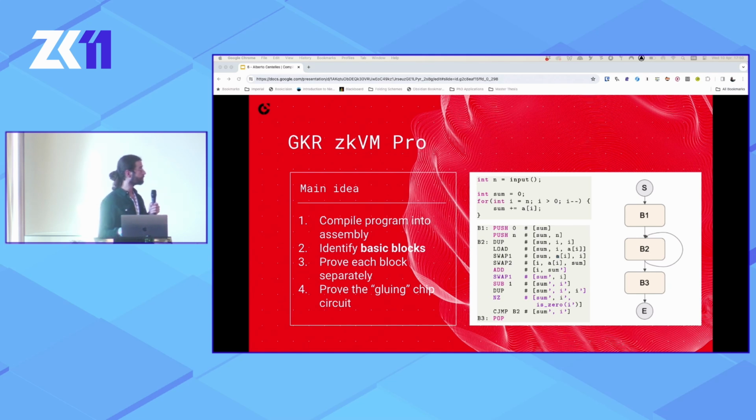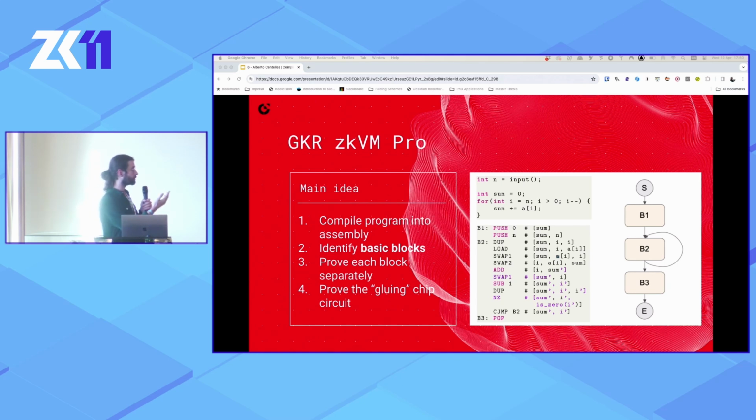Again, they compile the program to assembly, and then they no longer group opcodes into identical groups, but they find basic blocks. Basic blocks are chunks of code that don't have a jump within.